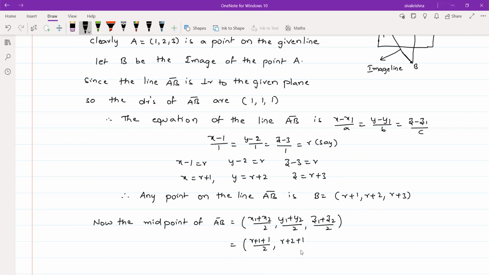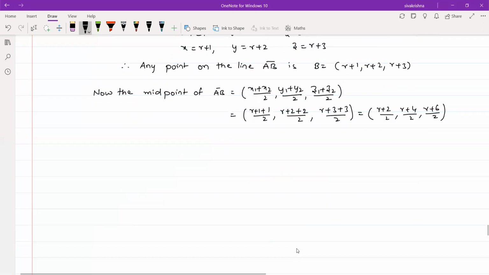If you write (y1 plus y2) by 2, we get (r plus 2 plus 2) by 2, and (z1 plus z2) by 2 is nothing but (r plus 3 plus 3) by 2. So this implies we get (r plus 2) by 2, (r plus 4) by 2, (r plus 6) by 2. So this is the midpoint of A and B.